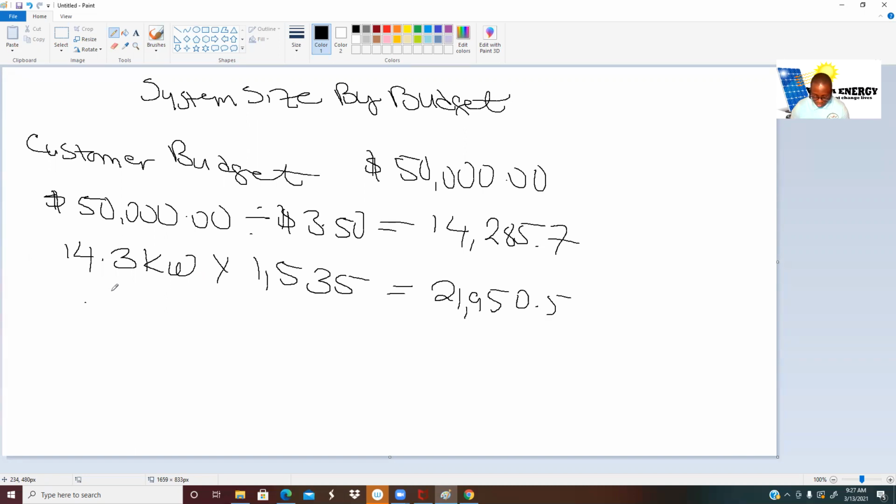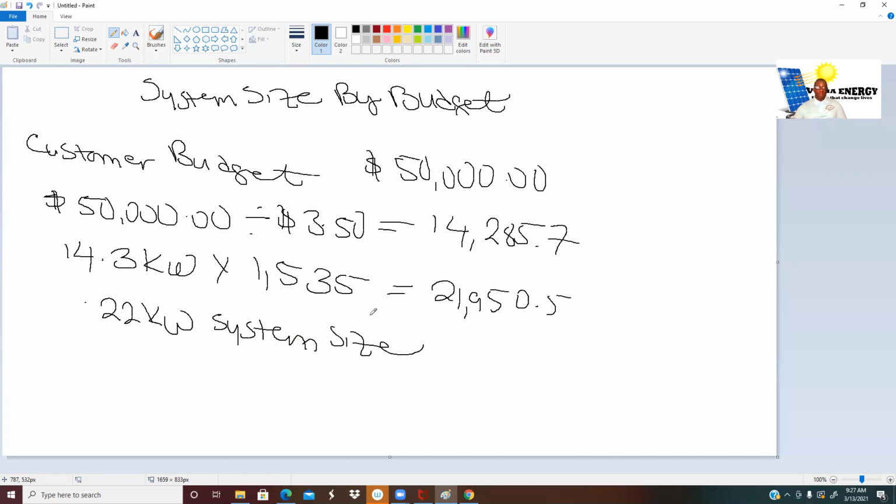If you take the 1 from there and put it over here, this is 10, so we're going to round it up. Now our system is up to 22. It's 22 kilowatts. Our system size would be 22 kilowatts. That would be the size of that system.